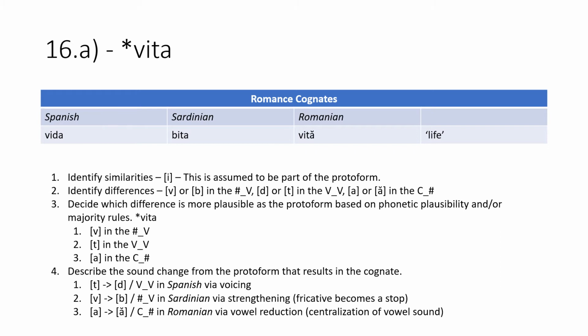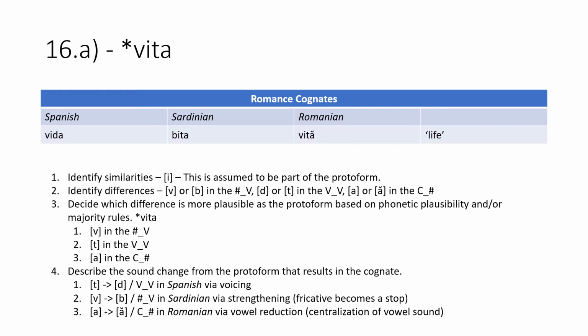Now, I understand why you might have questions about that because we haven't studied that in great detail. But at the beginning of a word, whereas in the middle of the word, we often turn stops into fricatives because it makes it easier to transition between sounds. At the beginnings of words, we often fortify those beginnings by making the initial consonant sound stronger. And so the V is more likely to become a B.